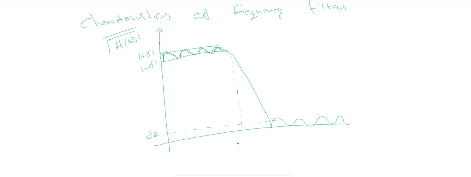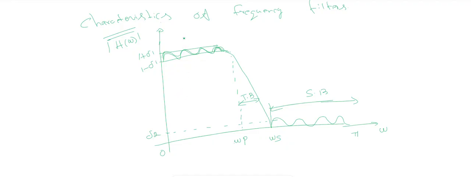The pass band edge frequency is denoted by omega p and the stop band edge frequency is denoted by omega s, on the axis from 0 to pi. This transition from pass band to stop band is called the transition band. This is the pass band ripples, this is the stop band ripples. This is your stop band and this is your pass band.